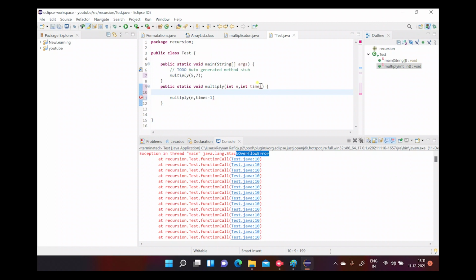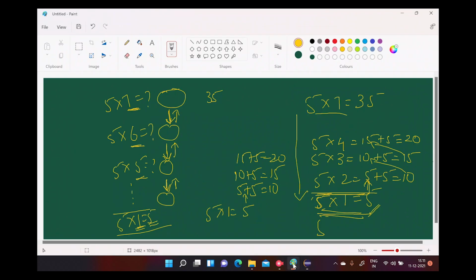So let's understand what the base condition is. This is where our function recursion takes place, and we need to stop this. So how do we stop this? The next thing is our base condition. We are going to keep this condition as: if our times variable is equal to 1, we are no longer going to make a recursive call again.